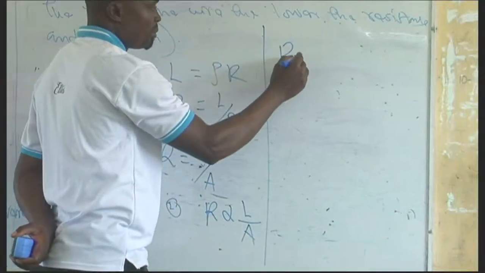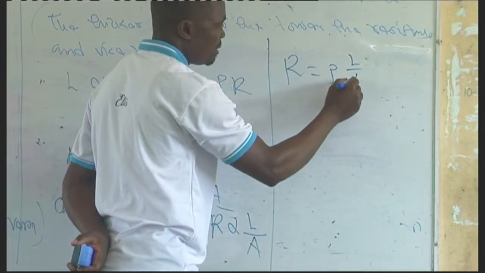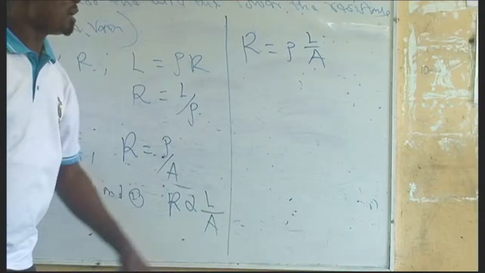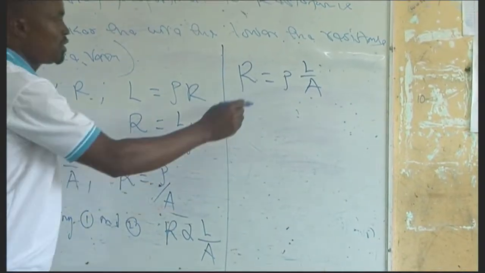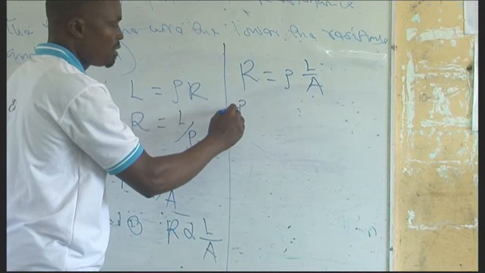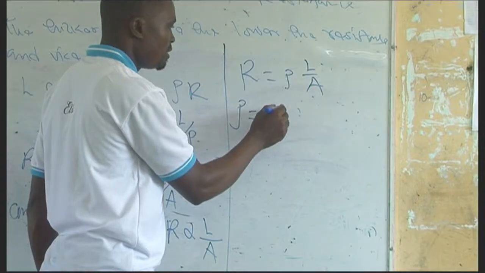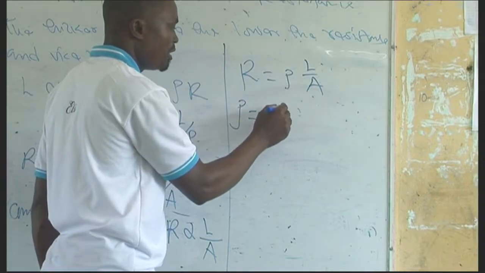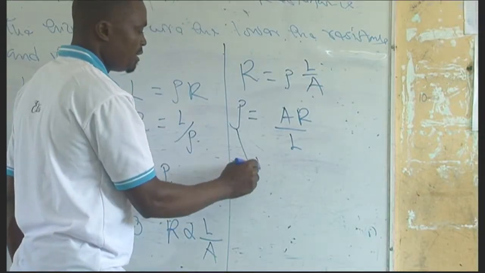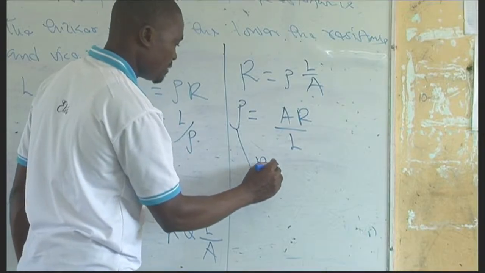And to remove the constant, we say R is equal to a constant times L over A. So this constant will have been multiplied, it would have been AR over L. So this constant here is called resistivity.